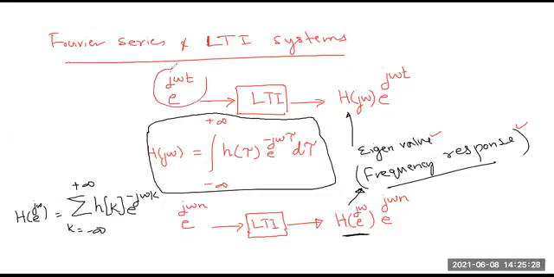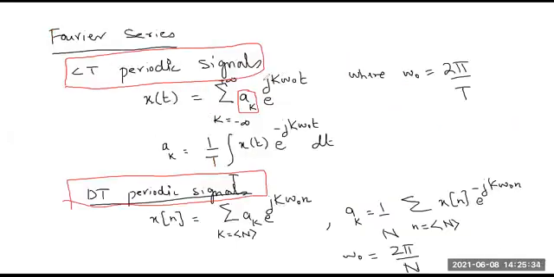If you look at this function, and then look at the Fourier series, in the continuous case the signal is represented in the form of this function. Similarly, for discrete time, the given input is represented in terms of this function.